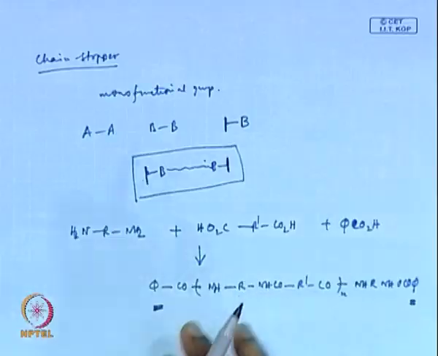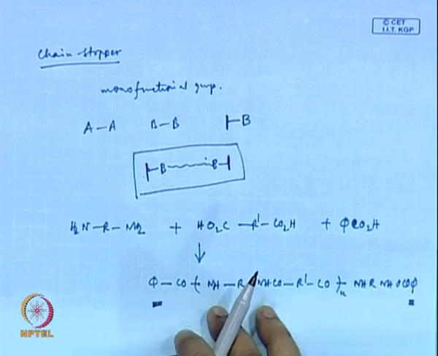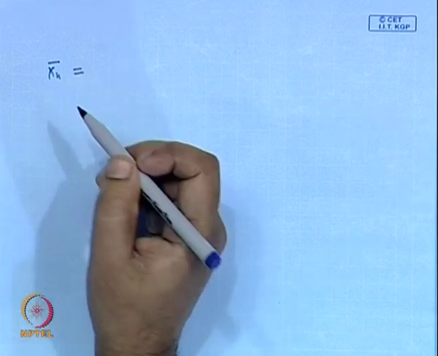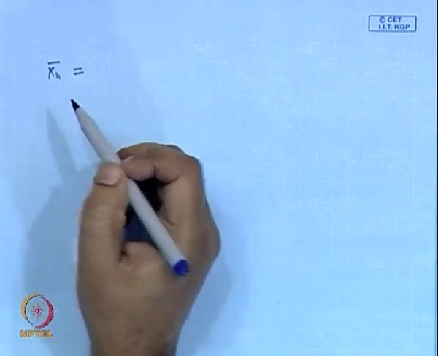Target. Now, how we can relate the amount of excess or the amount of this monofunctional chain stopper with the target degree of polymerization, we will come to in the next lecture, in detail. But just before we go to that quantification, how did we get the Xn bar for any polymer mixture?